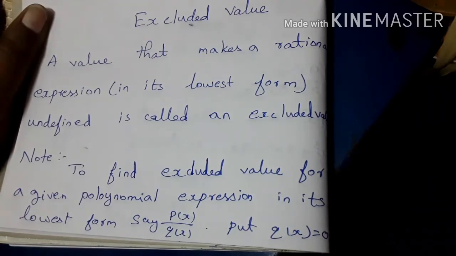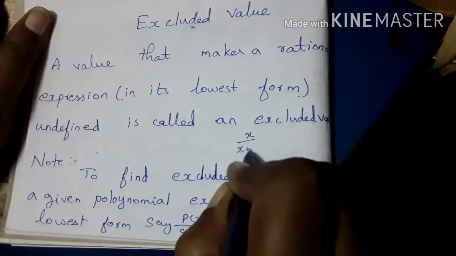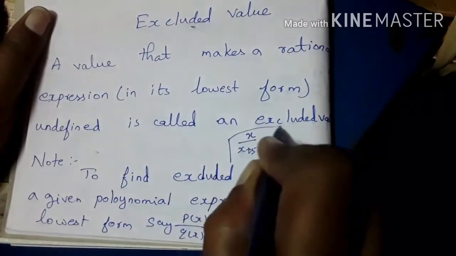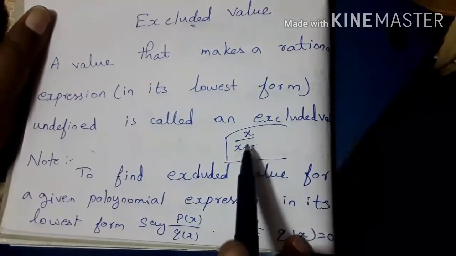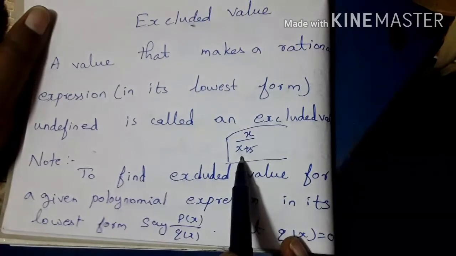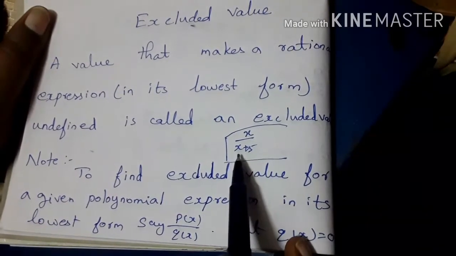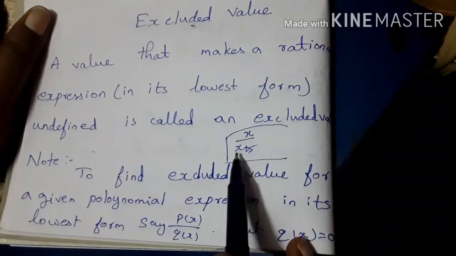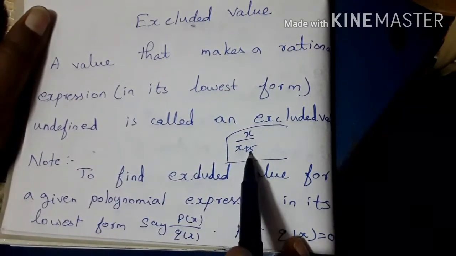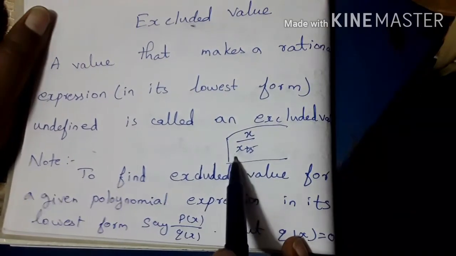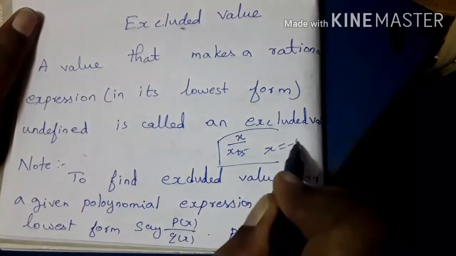Okay, so for example, x by x plus 5 is there. Here it is the rational expression in lowest terms. We find the excluded value for this. What value we put, it becomes 0 in q of x. So plus 5 is there. What we put, it becomes 0? x is equal to minus 5.